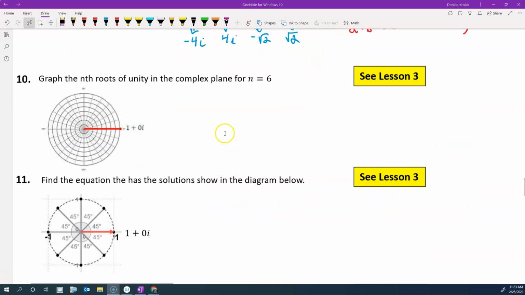Now, if n was equal to 6, the 6 roots of unity are going to be located every 60 degrees.